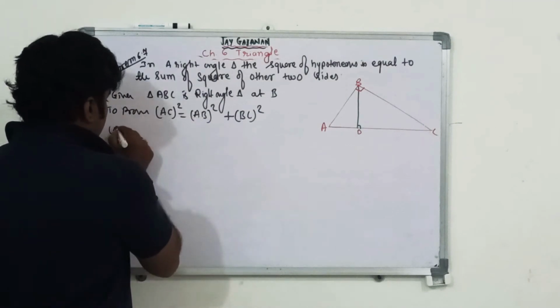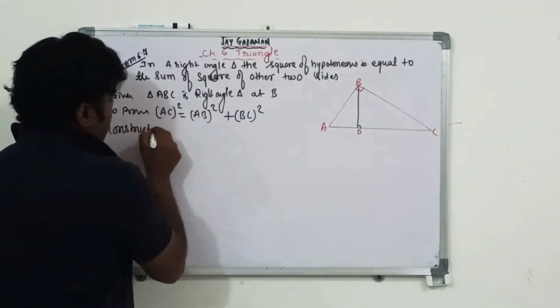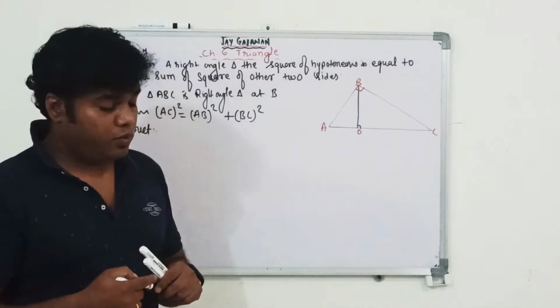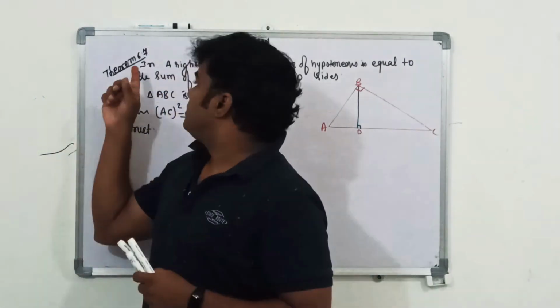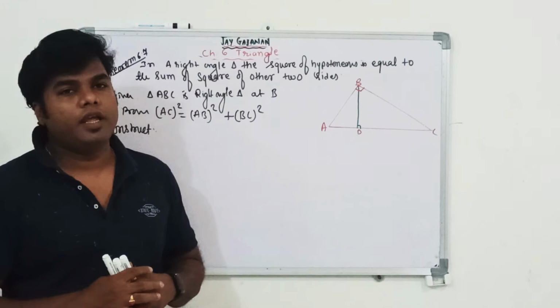We will have to do a construction. But before the construction, I just wanted to remind you of property 6.6. What is that?